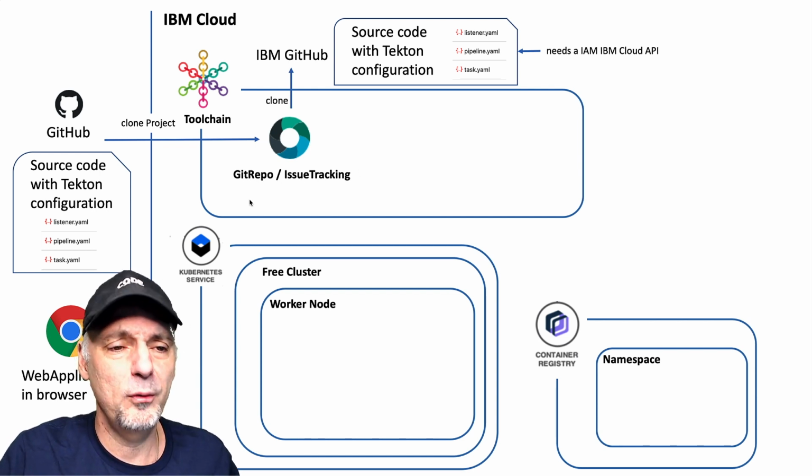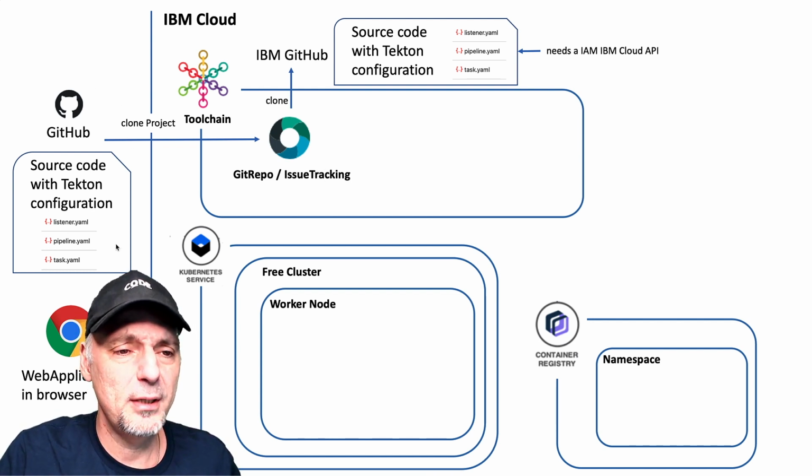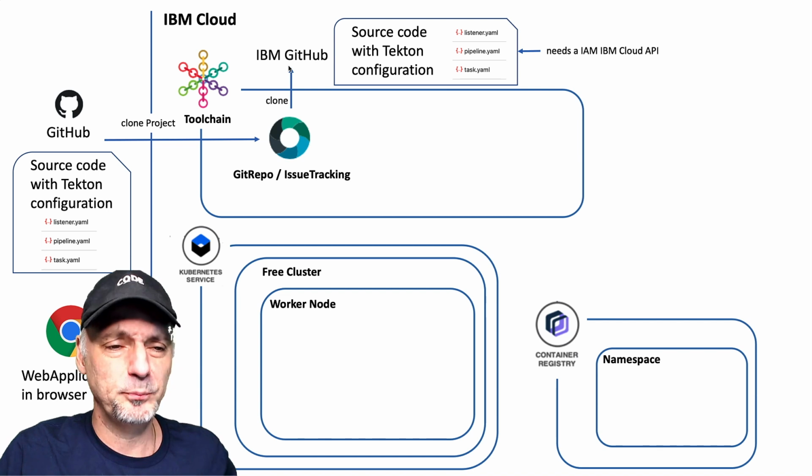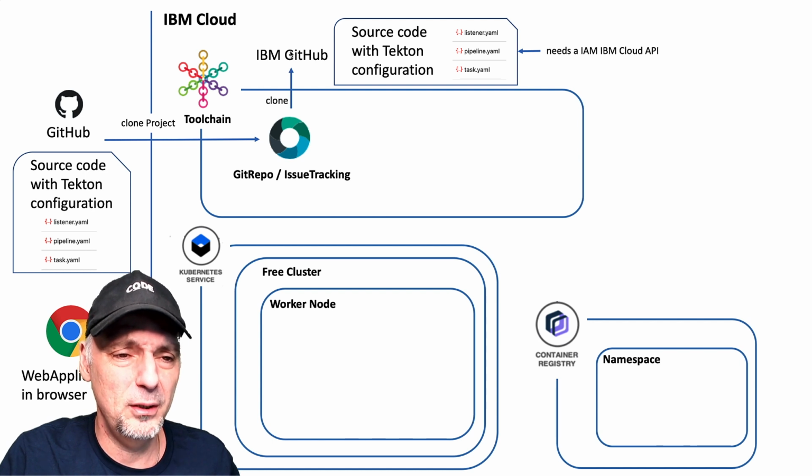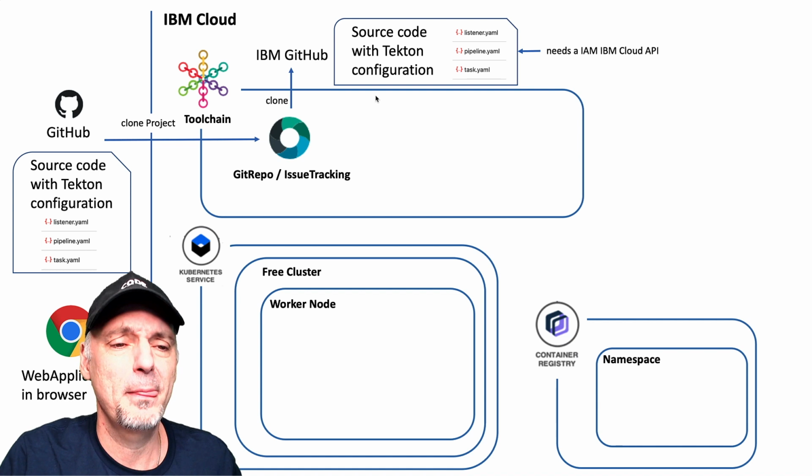That is about where the code is and about thinking what task we are going to do. So we will use as input here the GitHub project, and we will clone that project to internal IBM GitHub. As far as I remember, we can use 500 megabytes for free. So we use that here.